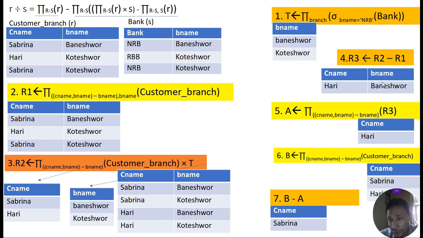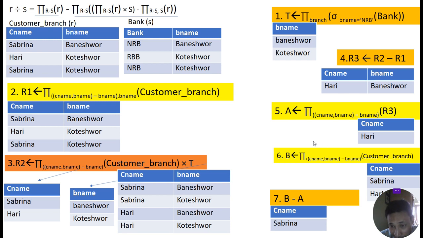So our R3 will be Hari Baneshwar. This is the result we got after performing the set difference between R2 and R1. Now from R3 we will be projecting CNAME. So it is Hari only. That relation is named A here.